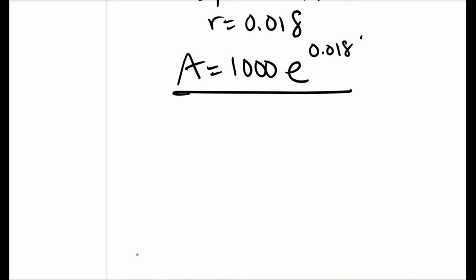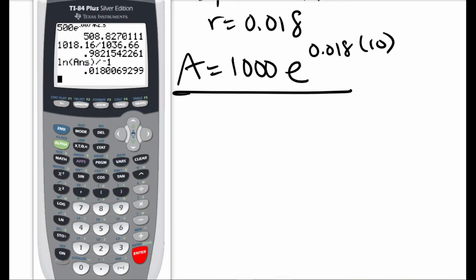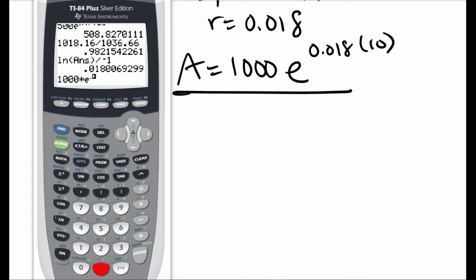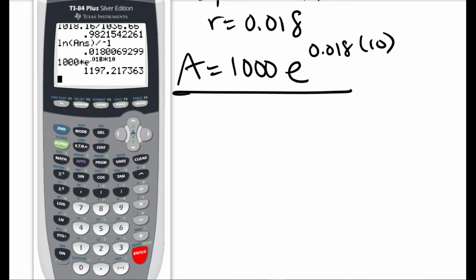Let's go ahead and change that to 10 years, and then we can get our equation here. So we've got 1,000 times e to the 0.018 times 10. So $1,197.22.